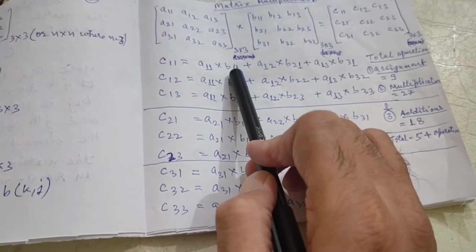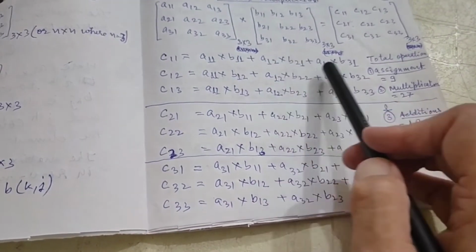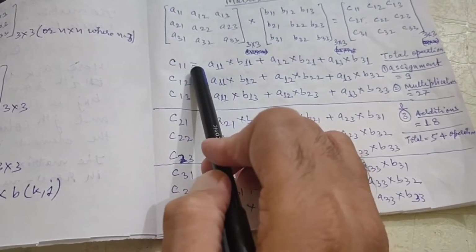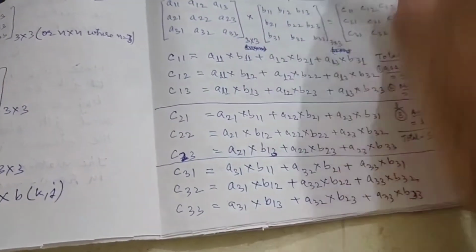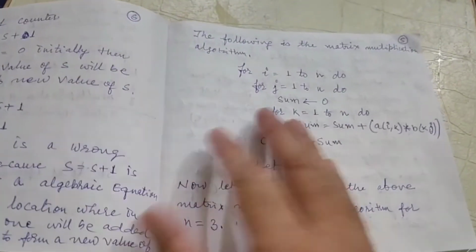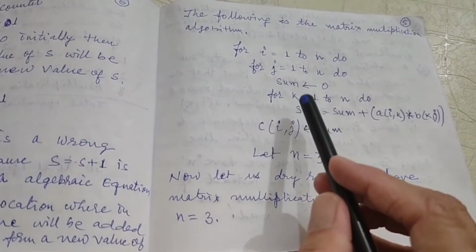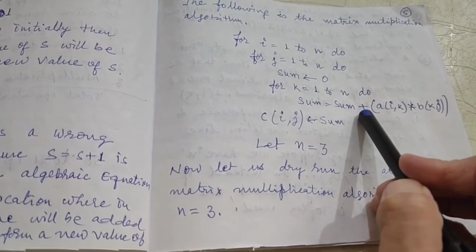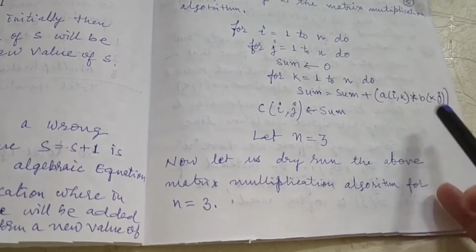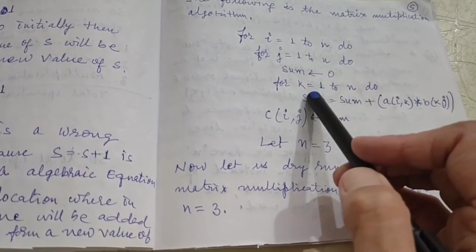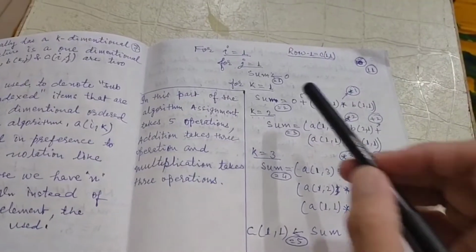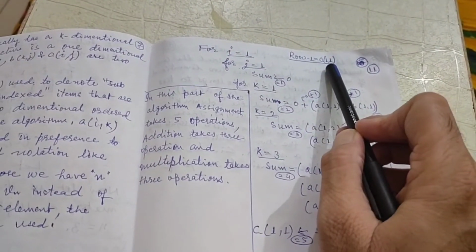That is 1 time multiplication, 2 times multiplication, 3 times multiplication, and 2 times addition, and then 1 time assignment. So all these operations are here: 3 times multiplication, and 2 times addition, plus 1, so 3 times addition in one set of values. So this is row 1, C11.